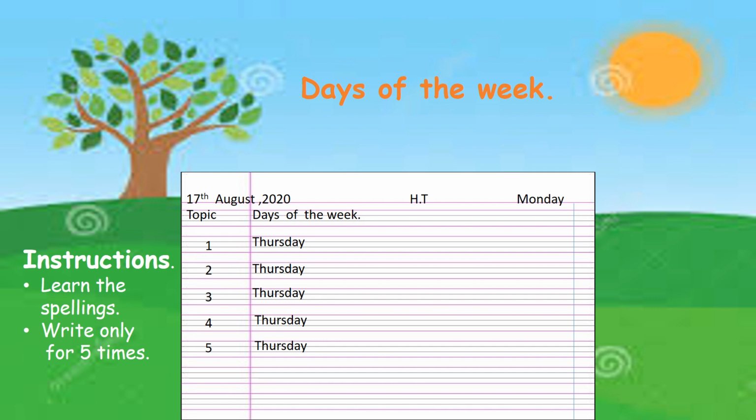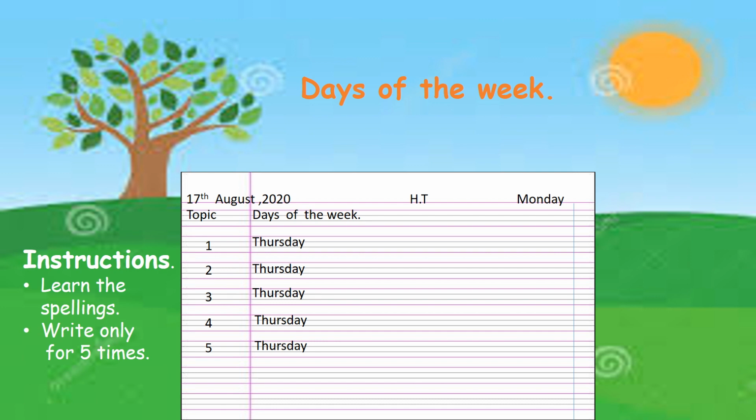And then write Monday. Okay. Now in the margin line write topic. T-O-P-I-C, topic. Days of the week. D-A-Y-S, days. O-F, of. T-H-E, the. W-E-E-K, week. Days of the week.